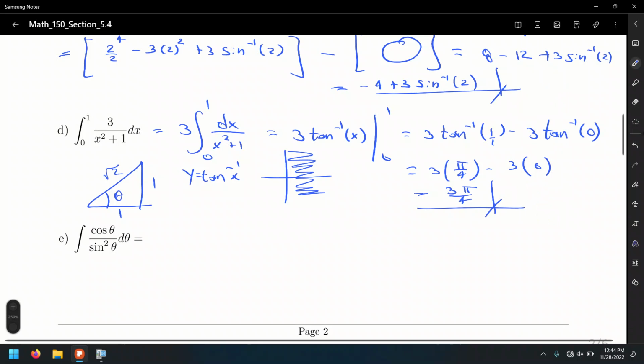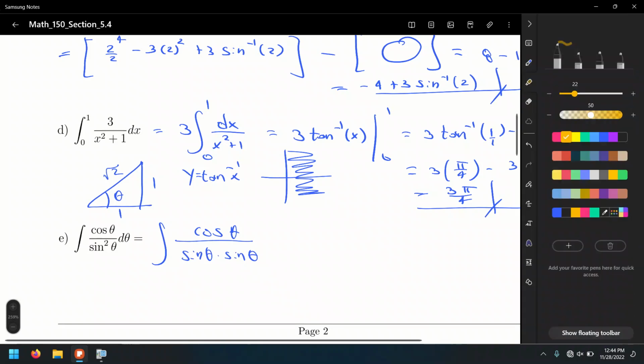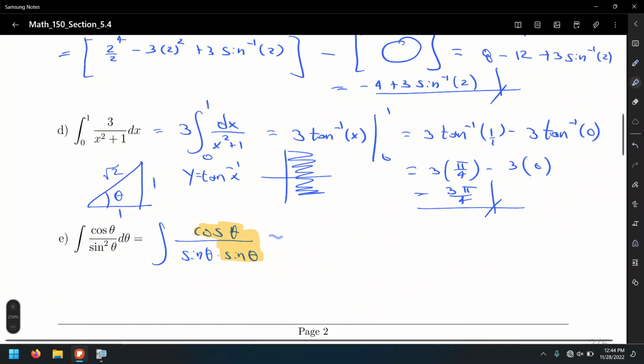So, number 1, I'm going to rewrite this sine square in the denominator as the integral of cosine theta over sine theta times itself. All right? And I'm going to group this cosine with this sine, and I'm going to use a trigonometric identity here. So what do we get when we divide cosine theta and sine theta?